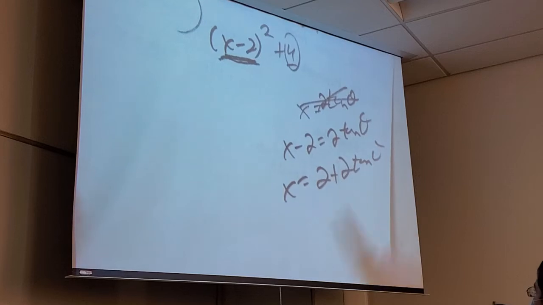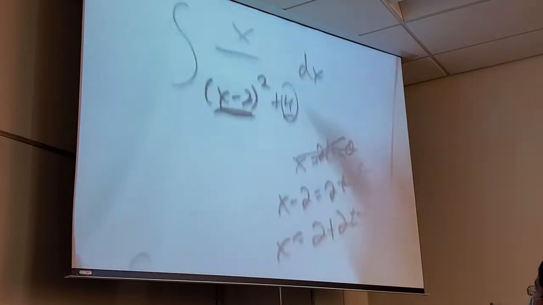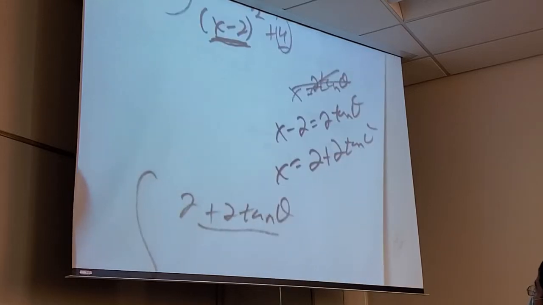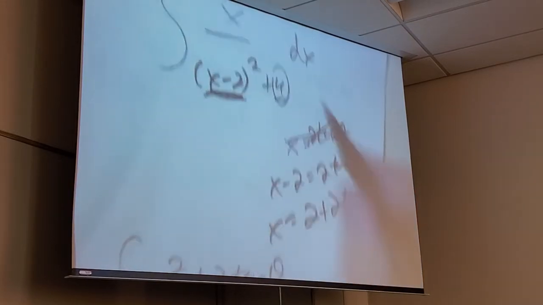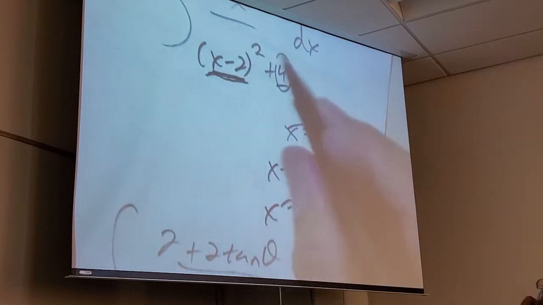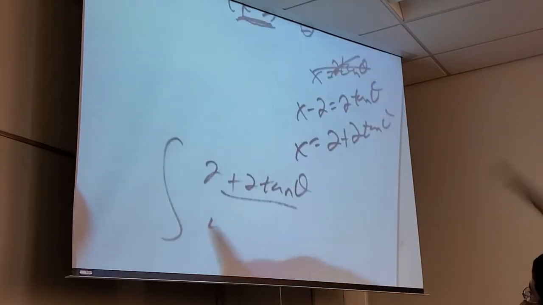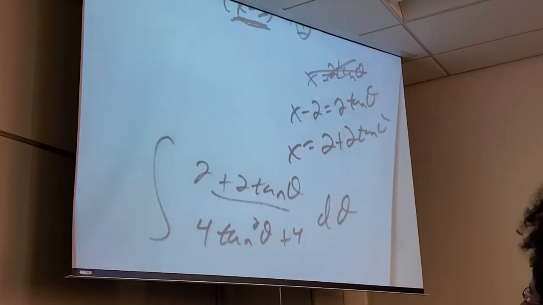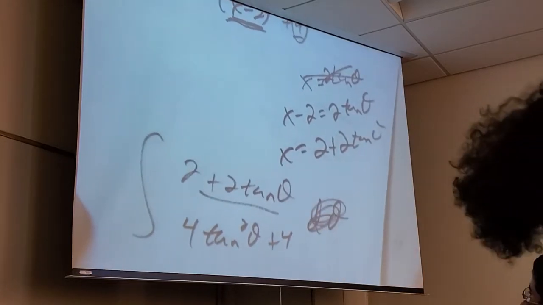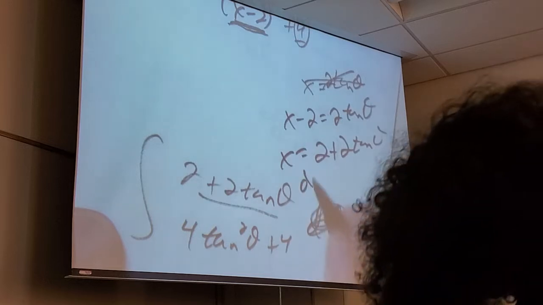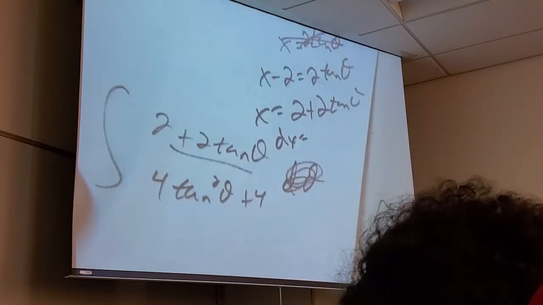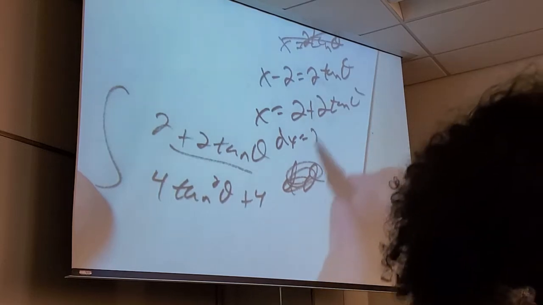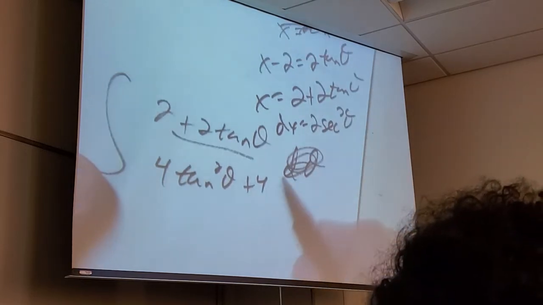Okay, so let's see what happens. I can replace x with 2 plus 2 tangent theta. And on the bottom, I'm going to get 4 tangent squared plus 4. And I haven't done dx yet. What is dx? 2 secant squared theta, so I need to put d theta at the end.